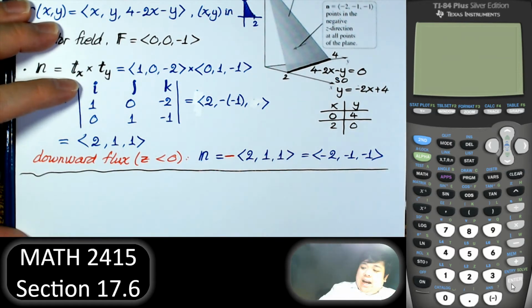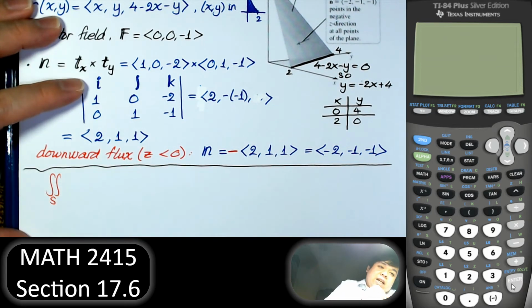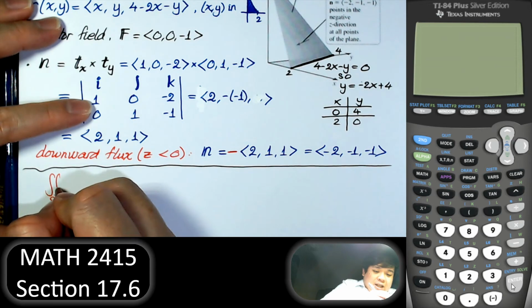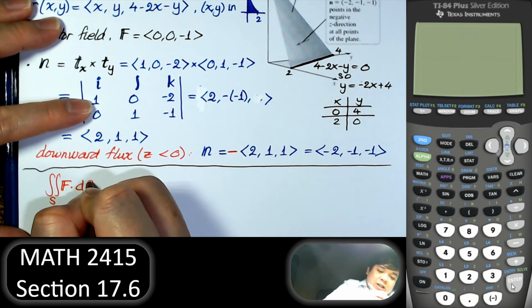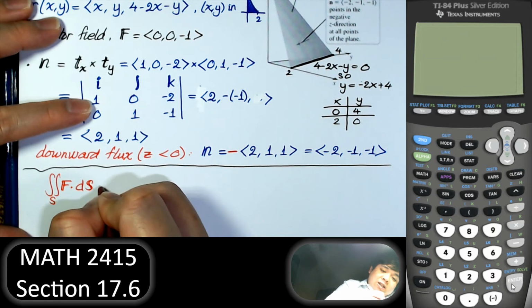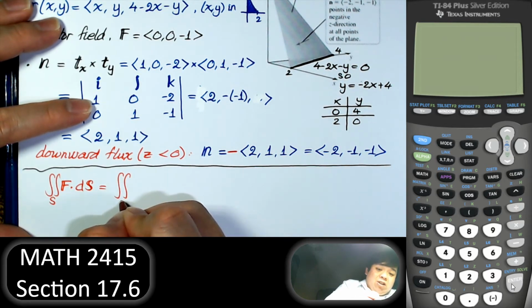Right, and now get back to the formula for the surface integral. And by the way, the reason we know this is in the vector form is because we write like this, like the line integral, right?